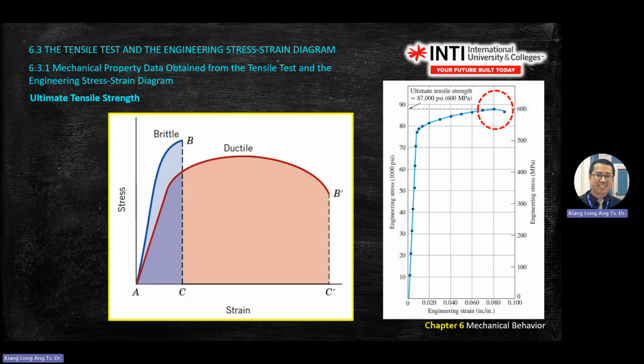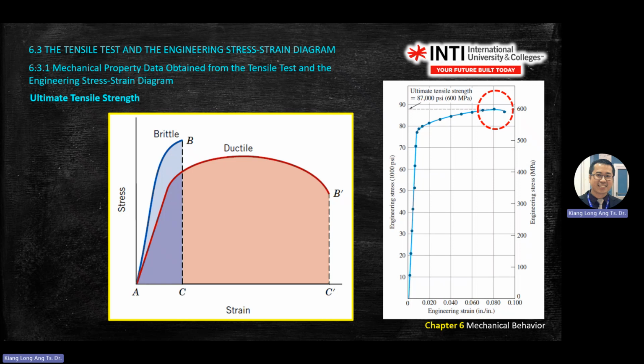Okay, so if you compare the behavior of the line between two materials, if you see a steeper line and the material breaks at a higher point, it means the material is brittle, showing brittle behavior. It's like glass, titanium, all these things, or carbon steels.